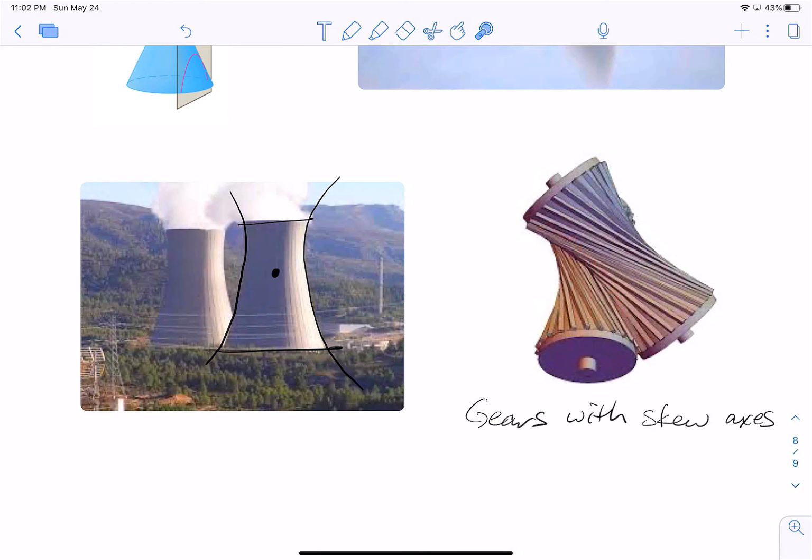And when we say skew axes, they're not parallel, they're not perpendicular. It's just something that somebody figured out at some point: if we create a gear that's in the shape of a hyperboloid, then we can have things causing one another to spin when their axes are at odd angles to each other.